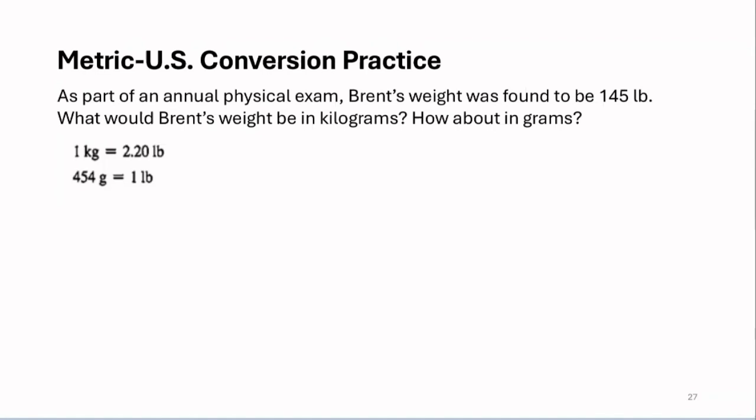Similar to what we saw in the previous video, when we're doing this conversion, we need to write specifically what is the measurement given. In this case it is 145 pounds. And we need to convert this to kilograms.